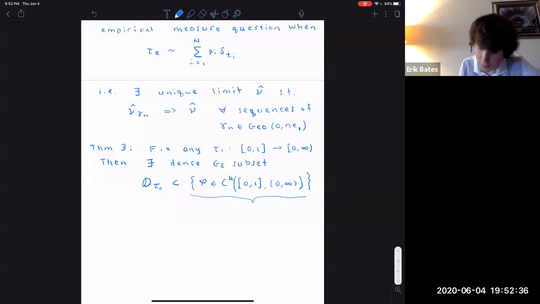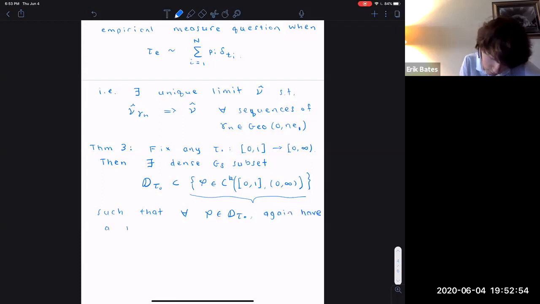And there's a dense G delta subset of those such that for every phi in this dense G delta subset, we again have a positive answer to Hoffman's question.